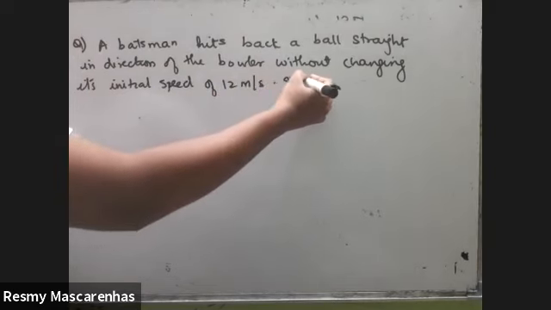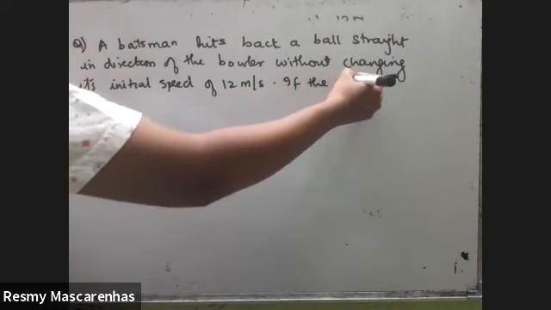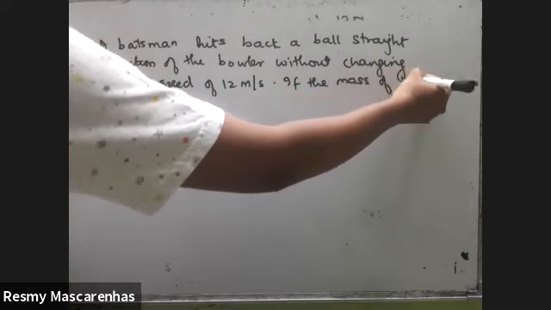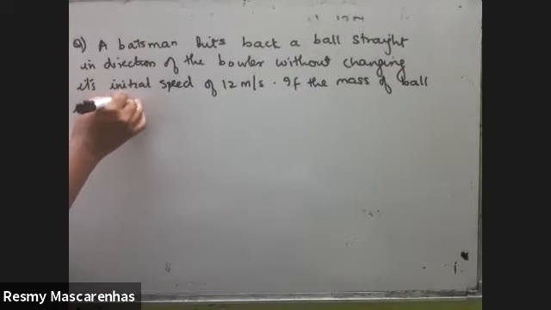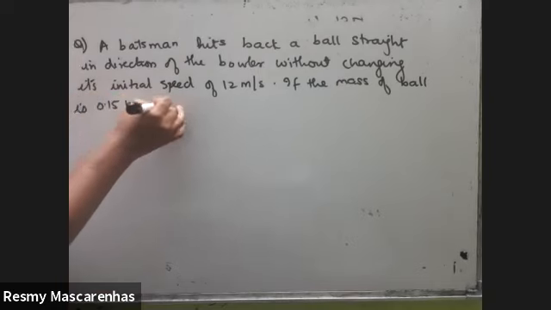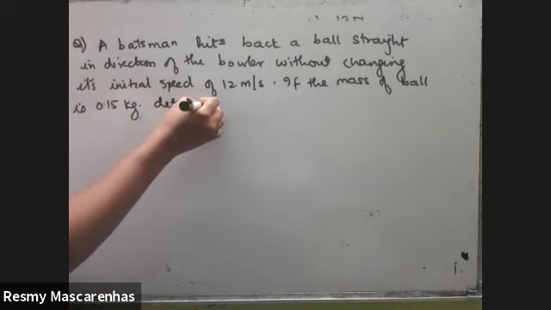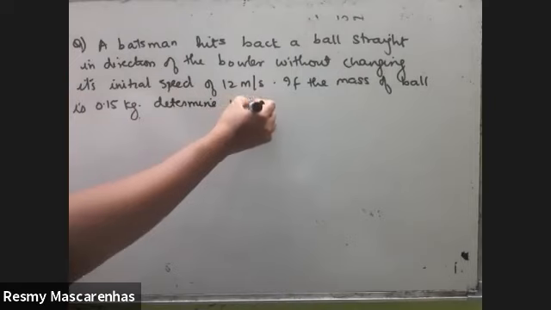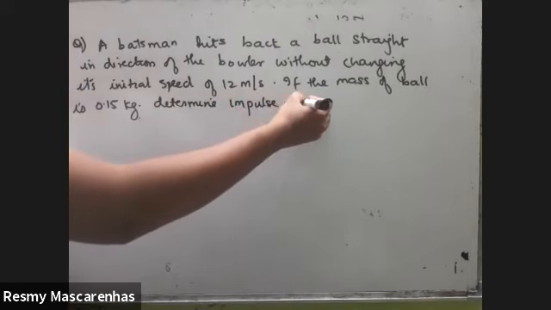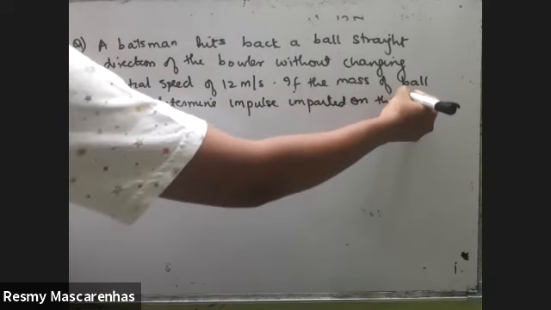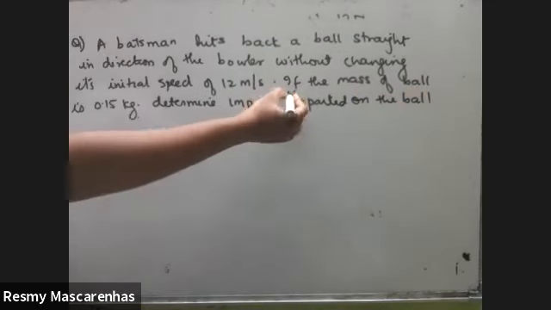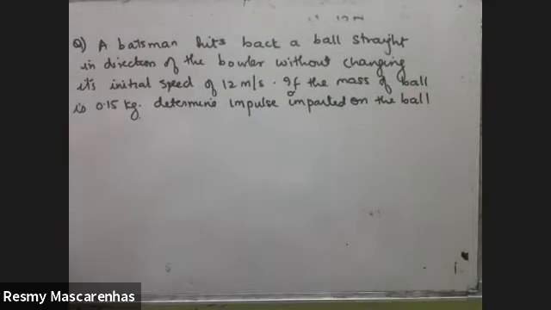If the mass of the ball is 0.15 kg, determine the impulse imparted on the ball. So this is the question.